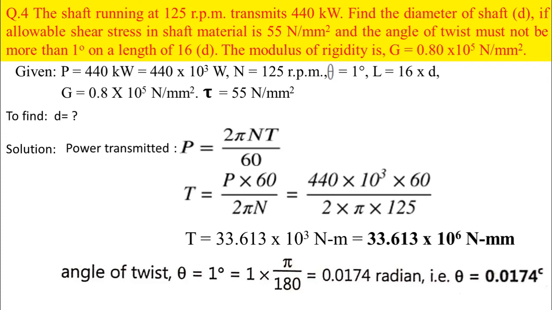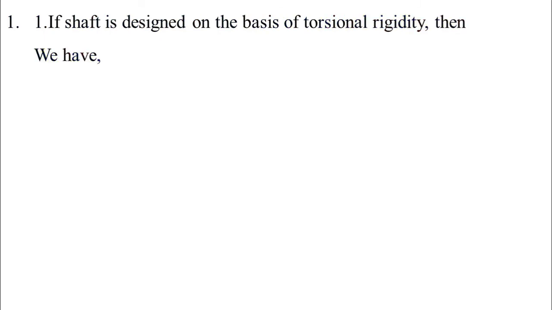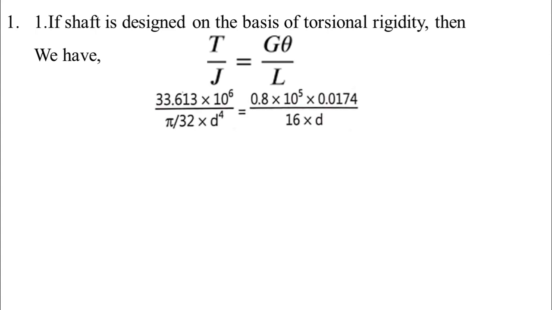Now we will first find the diameter on the basis of torsional rigidity. We know the torsion equation T by J is equal to G theta by L. By putting the values of the parameters, we will get 33.613 into 10 raised to 6 divided by the polar moment of inertia, whose formula we know, pi by 32 into d raised to 4, and G is given as 0.8 into 10 raised to 5 into theta in radian, 0.0174, divided by 16 into small d.